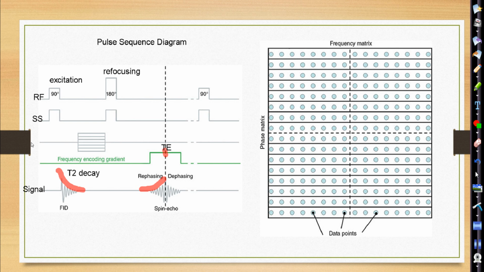What is the next line? Encoding. Awesome. And remember, we have different polarities with that. And then what's this line? Fourth line, it's already written on there. Frequency encoding. And remember, this is called our readout gradient because we're reading out the signal as it's being collected.